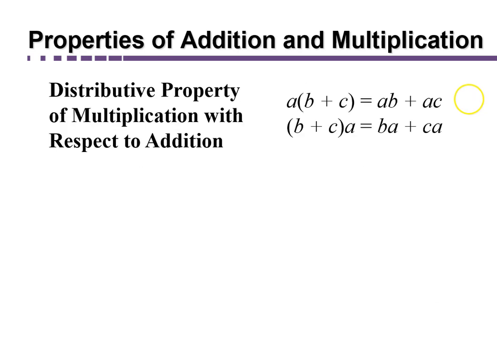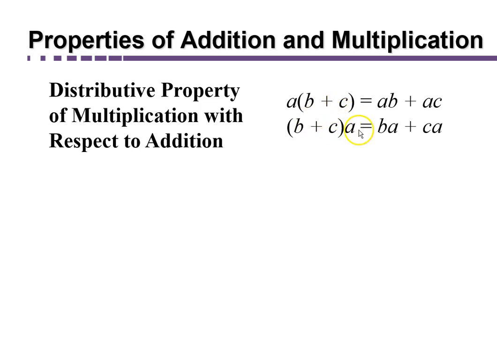Now, I believe this is our last property here. We're talking about the distributive property, and many of you know this, so you can just look at it. Here we have the sum B plus C. We're multiplying it times A. So we multiply A times B, get AB, A times C, and get AC. And then we could also put the factor outside to the right.